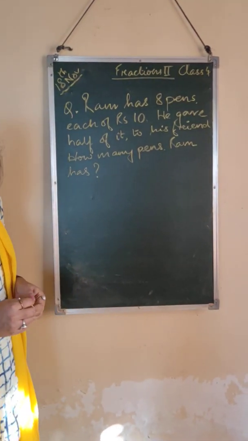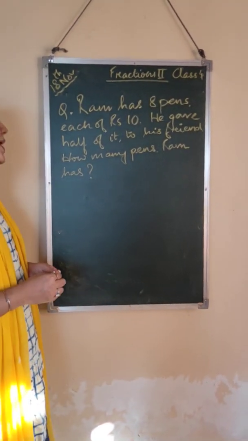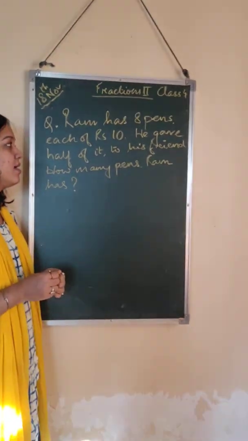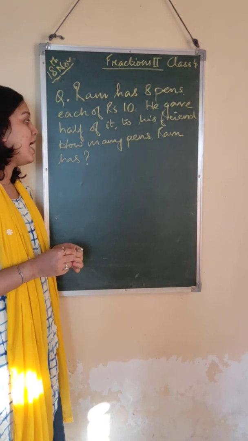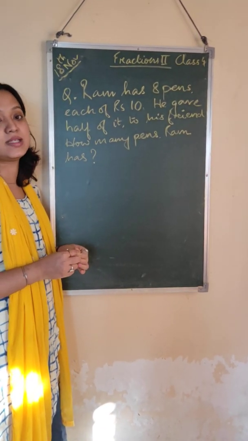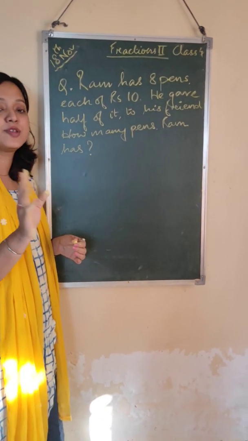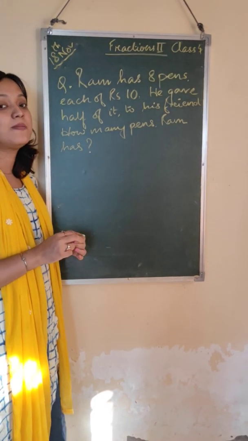Ram had 8 pens, each of ₹10. He gave half of it to his friend. How many pens is Ram left with after giving half of his pens?